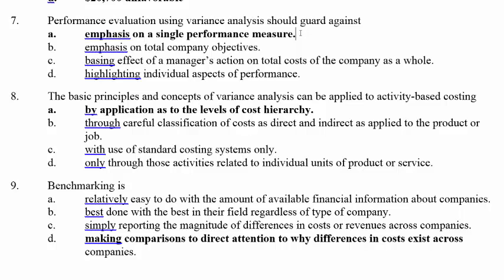And number 9, benchmarking is making comparisons to direct attention as to why differences in cost exist across companies. And again, if we've got other companies that are performing better than we are, then we need to start researching more into the techniques and things that they are doing to run their companies better, so that we can hopefully utilize those same techniques and have those same efficiency gains, etc.